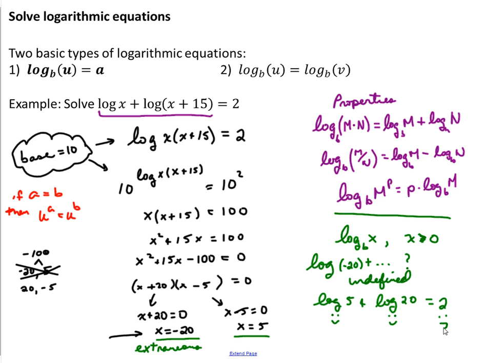So our answer, x equals 5, is our solution right there. Okay, so we definitely need to check, especially when it comes to logarithm equations, because we want to make sure whatever solution we find fits within the domain of that logarithm. Okay, more to come.